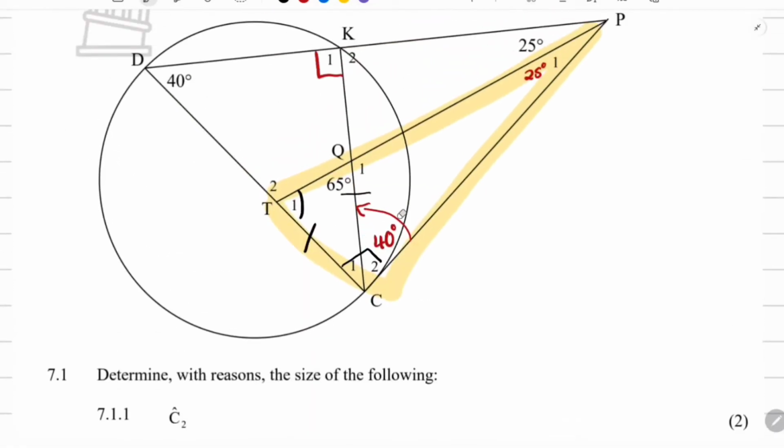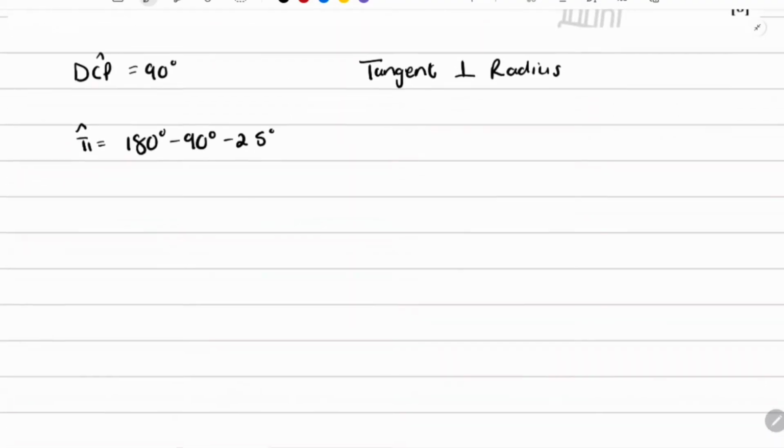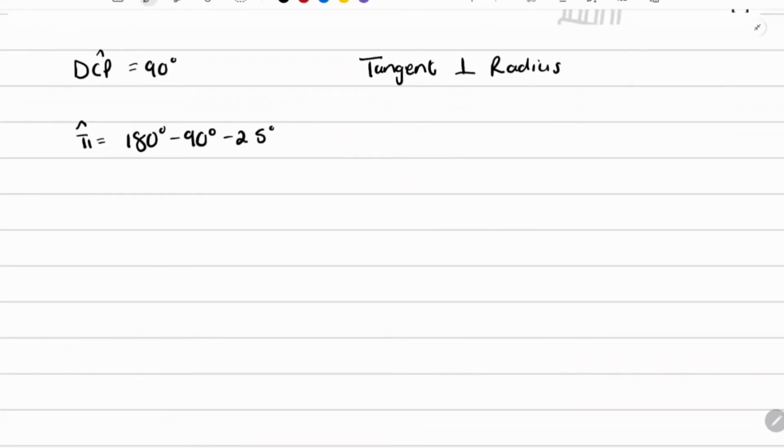So you see what we did, minus that and minus that. So 180 minus 90 is 90, and 90 minus 25 is your 65 degrees. So that's actually how we get that. So angle T1 is equal to 65 degrees, and this is, of course, because of the sum of angles in a triangle.